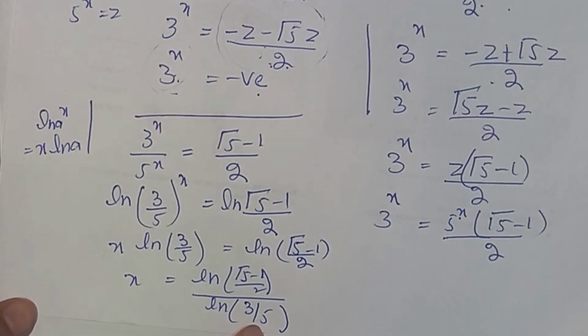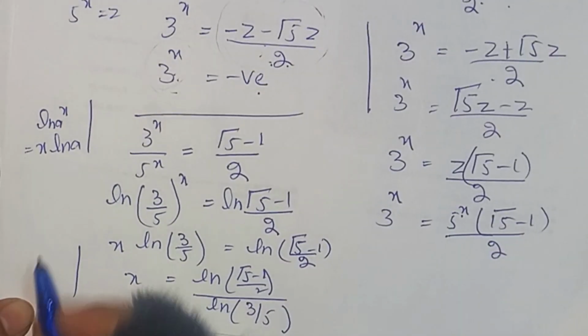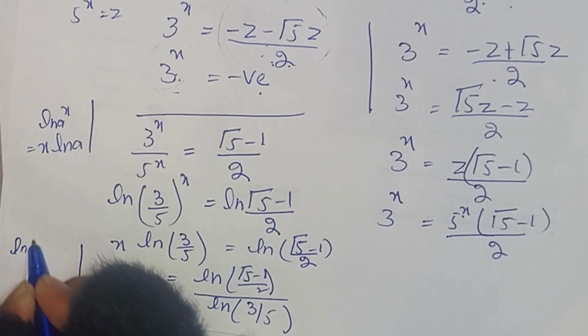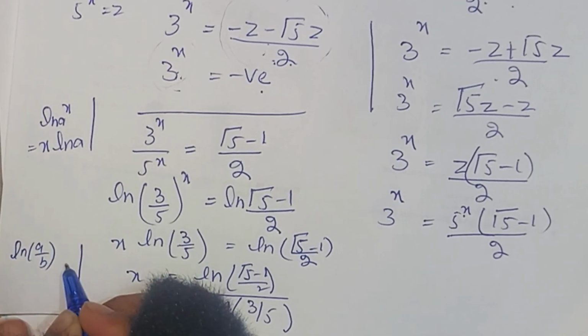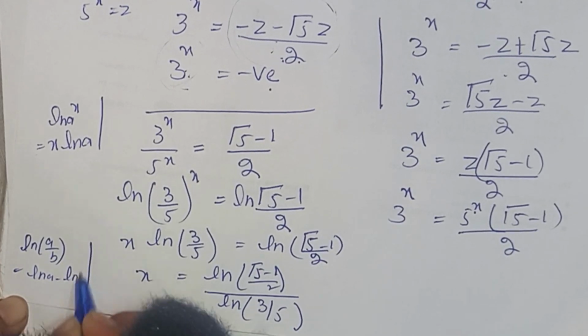In the next step, we use another property of natural log: ln(a divided by b) is equal to ln a minus ln b.